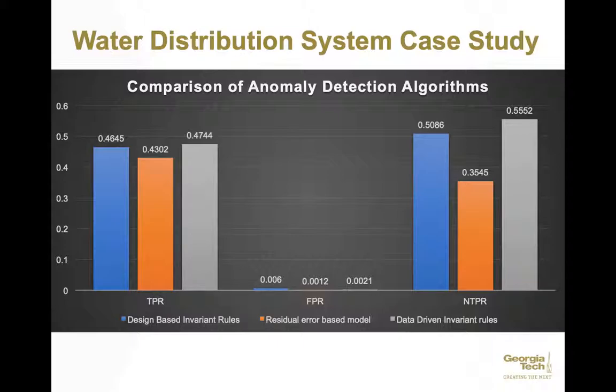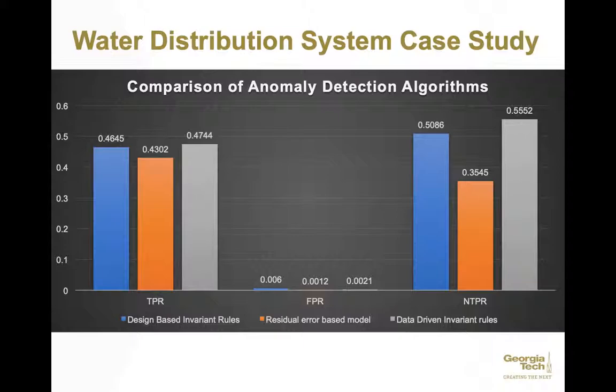And then the residual error-based model utilized a long short-term memory network consisting of 256 nodes, and was used there to detect the residual error in the anomaly detection algorithm. And the final one is the data-driven invariant rules, which is what this paper is proposing.